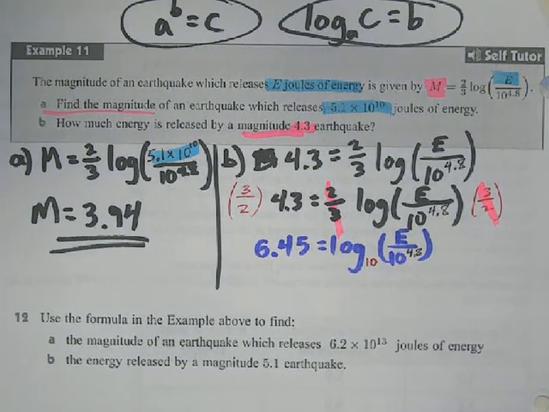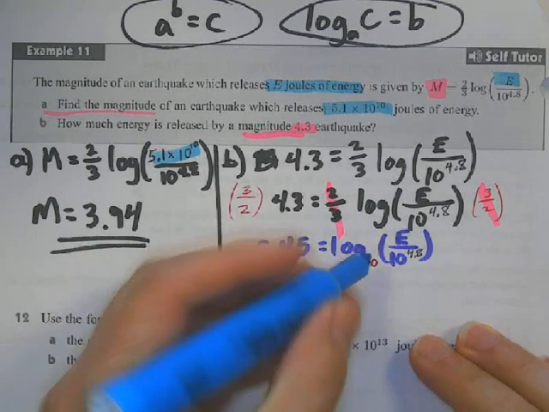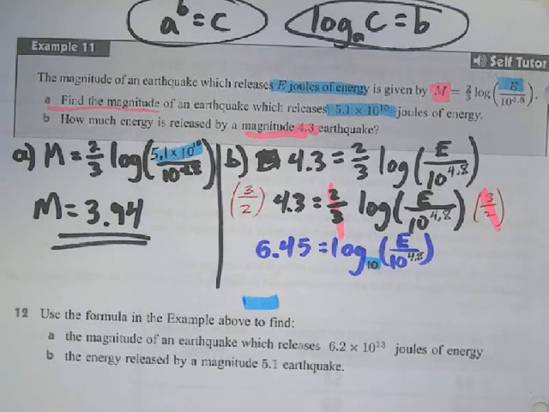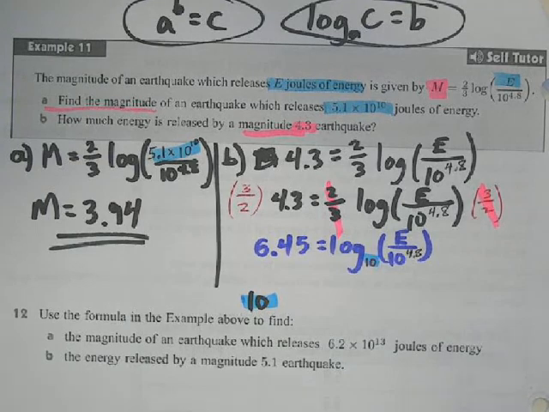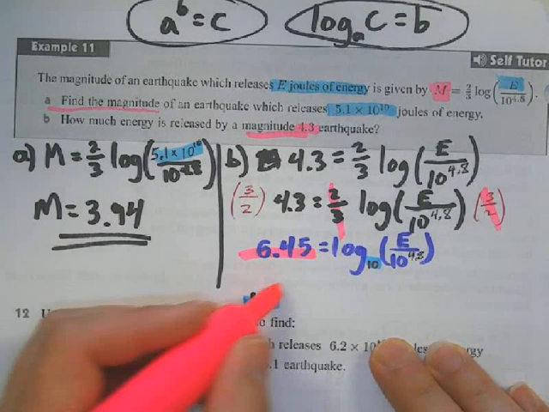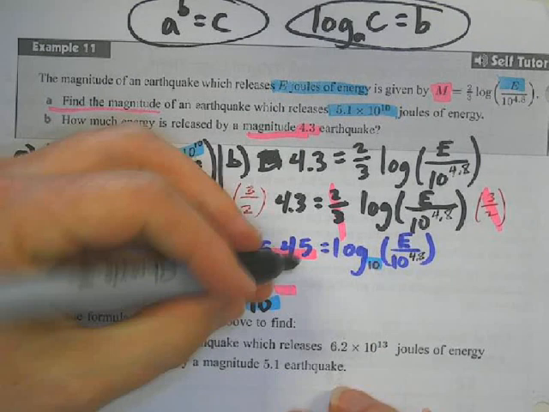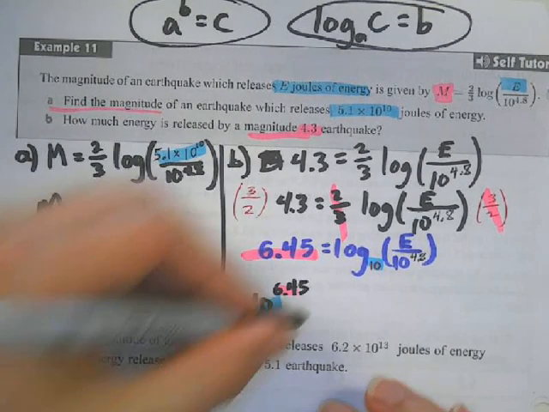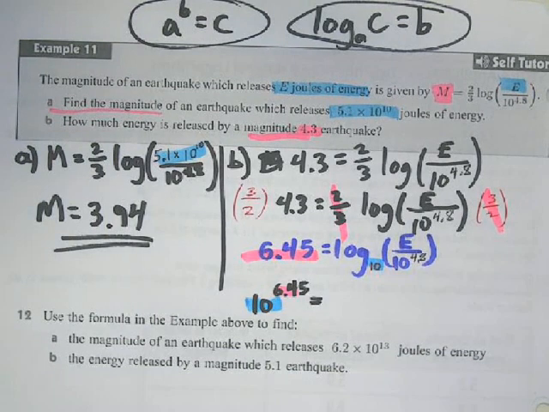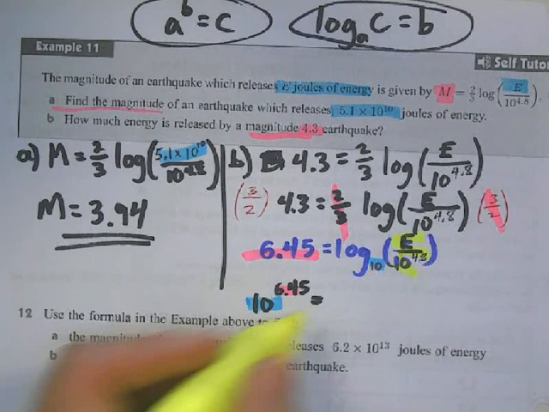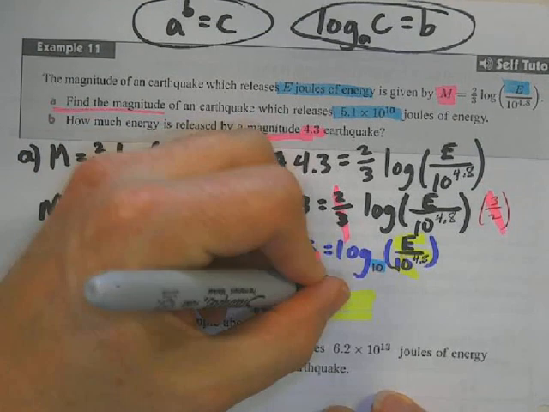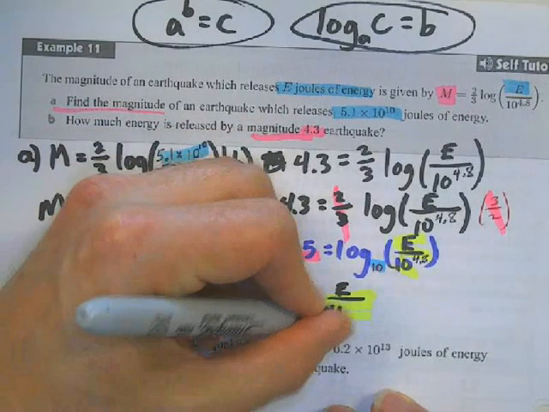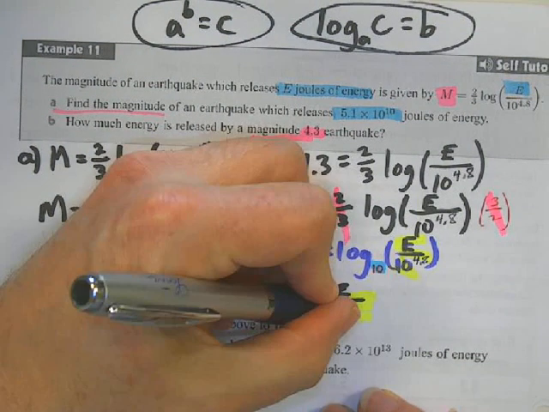My base here is going to be 10, so I've got 10 to the power of 6.45 equals the argument, which is E divided by 10 to the power of 4.8.